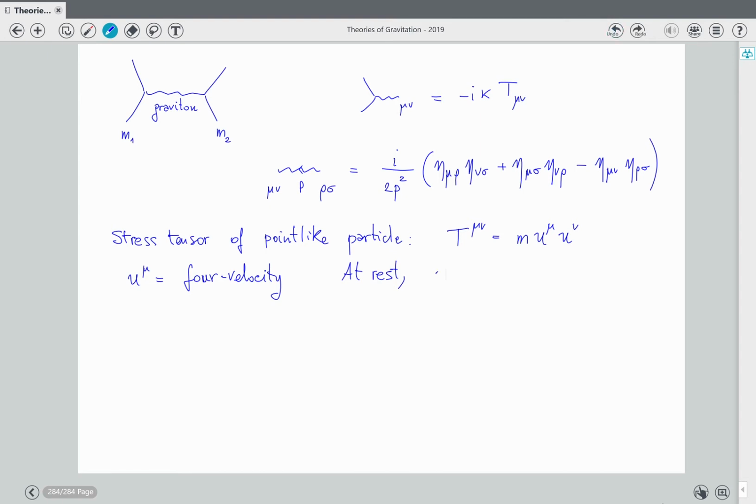So at rest, you know that u mu, the four-velocity, is 1, 0, 0, 0. And you also know that u squared is always equal to 1. So at rest, you just have T00, which is equal to the mass. And all other components are 0. So T mu nu is a mass, and then you have 0, 0, 0. That is the stress tensor of the massive particle.